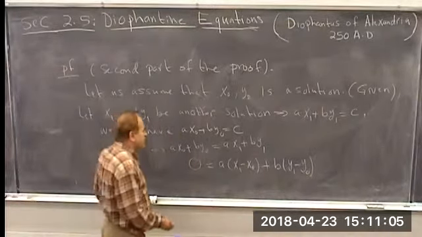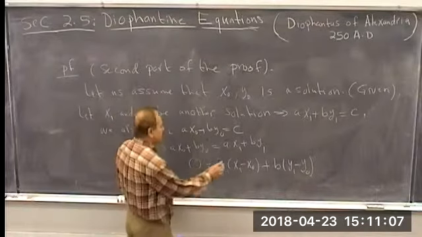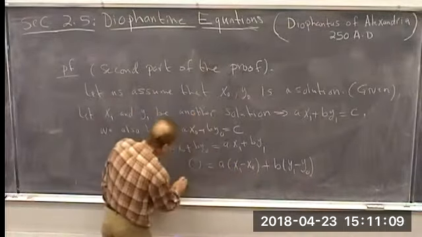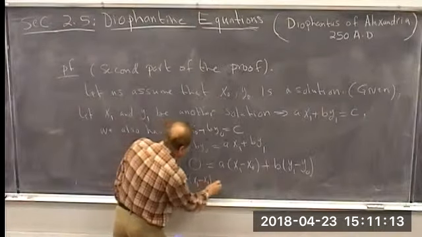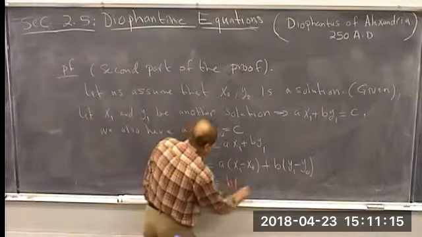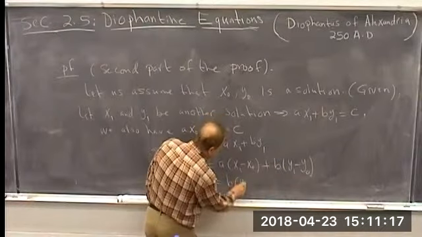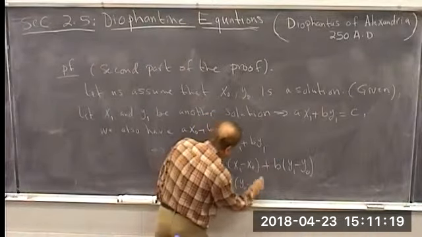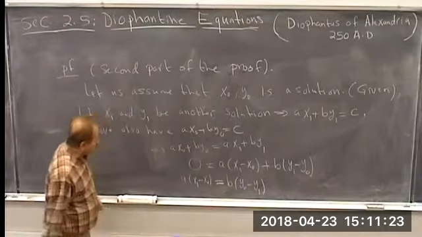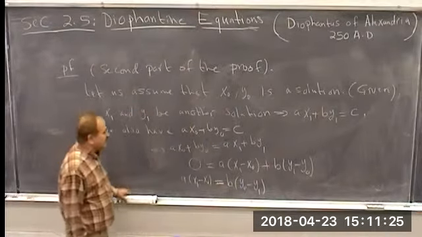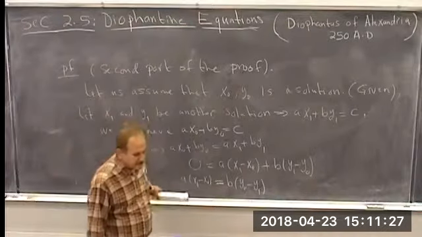Or we could actually rewrite this one in a slightly different way. We could say that a times x1 minus x sub 0 is equal to b, and let me switch these, this becomes y sub 0 minus y sub 1. And instead of having a negative, let me put it this way. And let's see what this statement means.